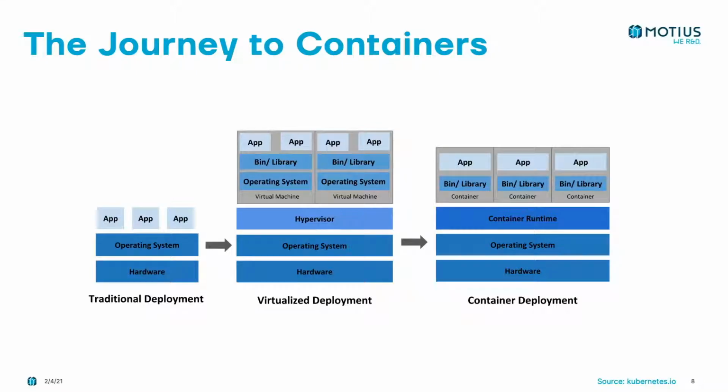What were the disadvantages of this? One of the main disadvantages is that the resources of the hardware can get wasted. Why? Because our application cannot utilize all the resources of this hardware system.